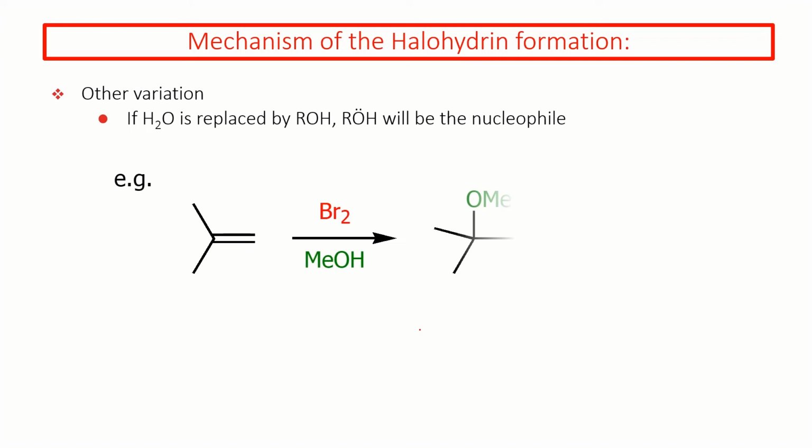Of course, we could use alcohols to form some type of ether, and of course that alkoxide group would be anti to the bromine.